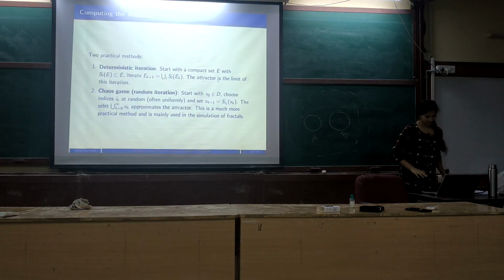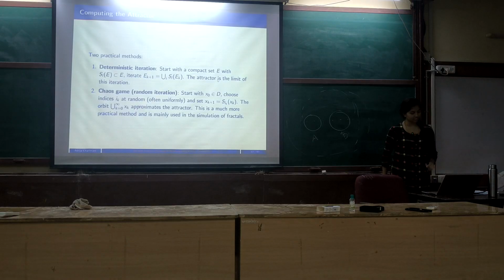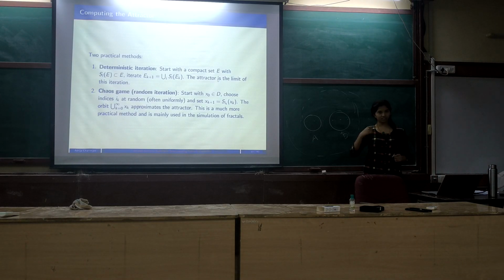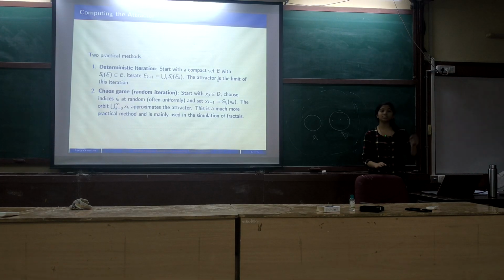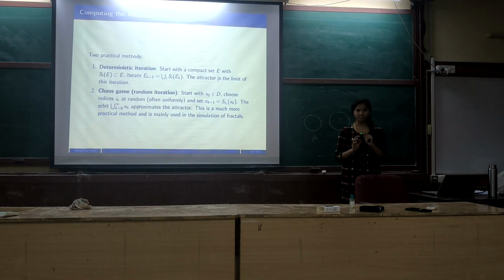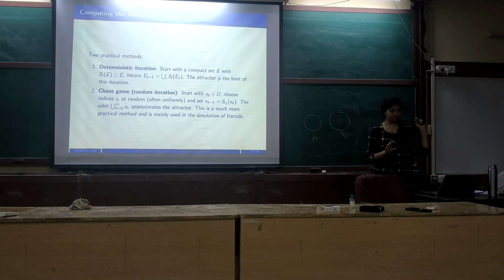So there is another way to generate such a fractal. The first one I talked about is deterministic iteration: you keep on iterating E_{k+1} equals the union of Si of Ek, and you get your fractal. The other method of computing the attractor is to take any point belonging to the set, choose any map of the IFS randomly and uniformly, and apply it to that point. Say you start with x0, and the first map you choose is S2.